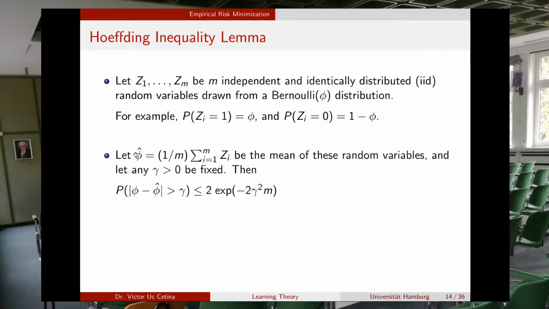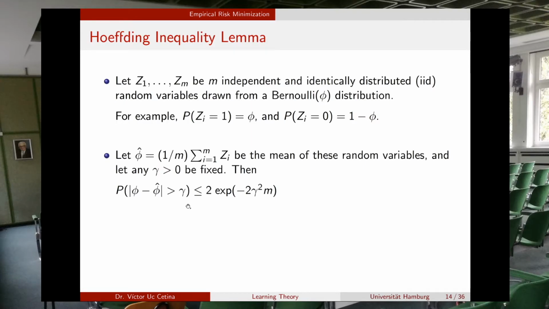Now let phi circumflex be the average, or the mean, of these random variables, and we define it simply as the sum of these z variables divided by m. And let gamma also be a positive, fixed number.